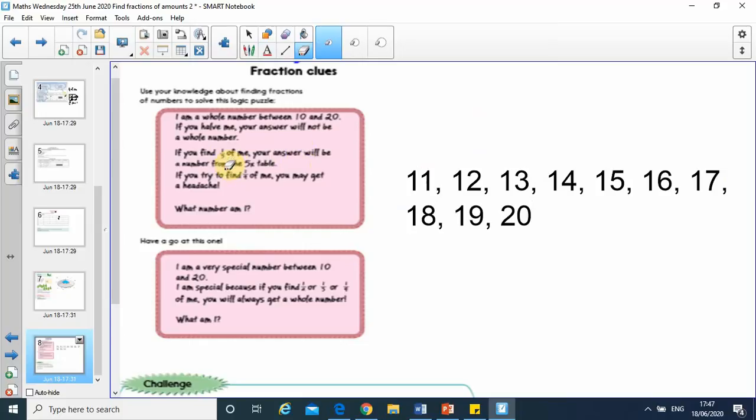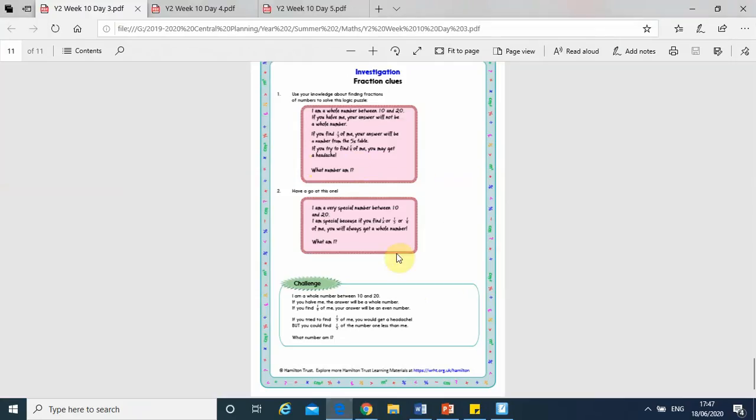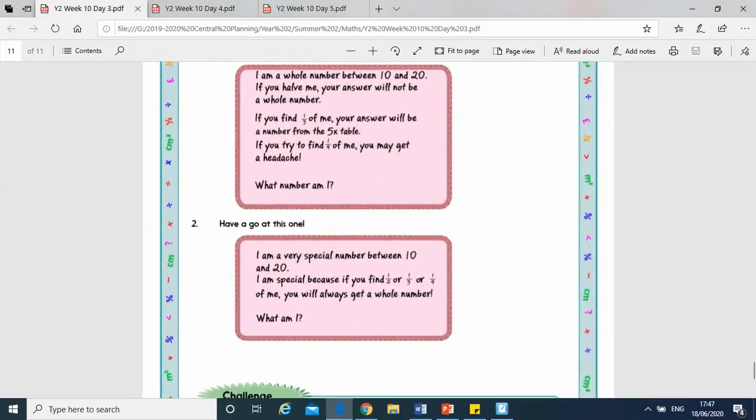If you find 1/3 of me, your answer will be a number from the 5 times table. Let me see if I can read that properly on here. Is it 1/3 or 1/5? 1/3 of me. There we go.